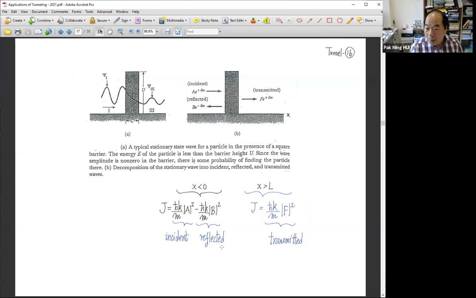Now they are useful because we must go through this J discussion in order to define what we want to do. We want to get something called the transmission coefficient and the reflection coefficient. They are defined in terms of the current density, okay?